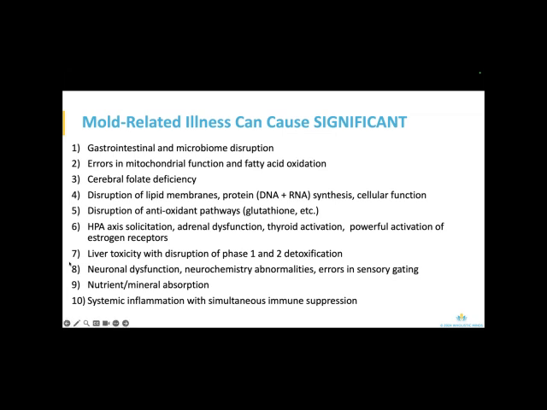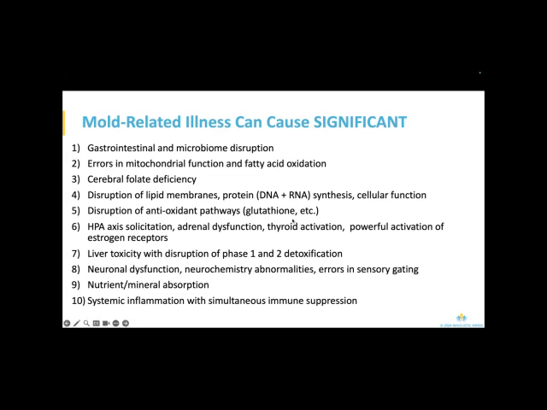And these toxins, the bacterial endotoxins and the mycotoxins, are hepatotoxic, and they themselves disrupt both phase 1 and phase 2 of detoxification. You get weird changes in hormone balance. So histamine is a stimulant of the entire HPA axis and the thyroid axis.